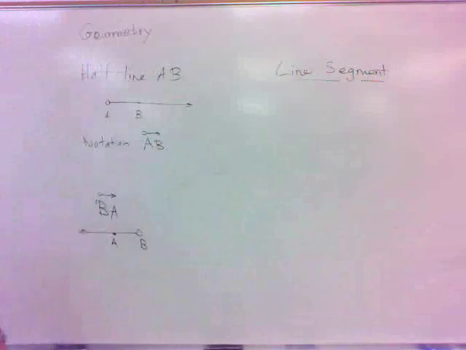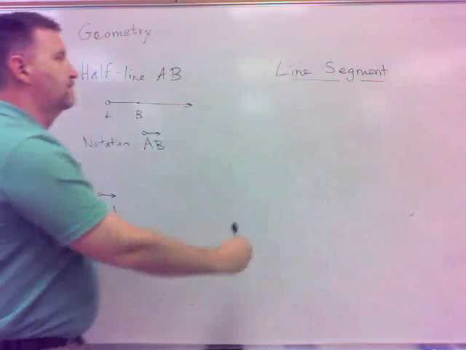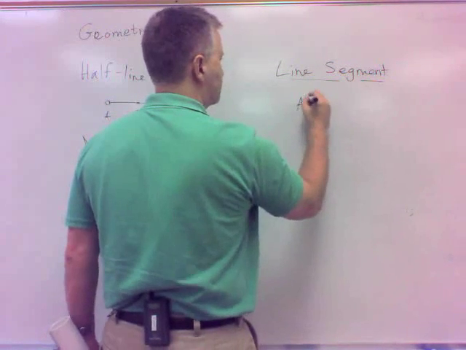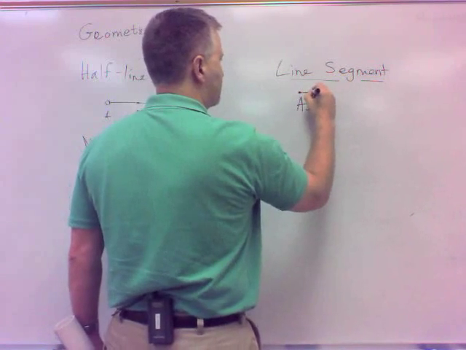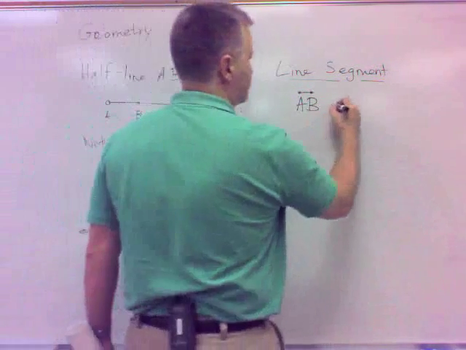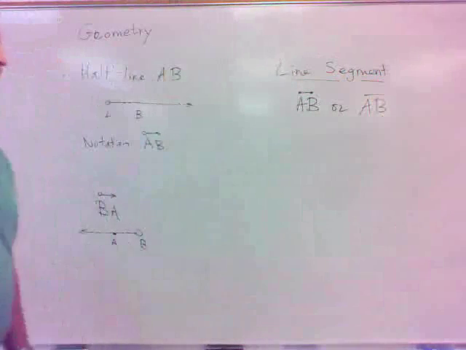Okay? Now, the other part of the number line is the line segment. And on the line segment, that's the one where it starts and stops. These start, but they don't stop. They just keep going one way. We see this notation here, or it could just be this instead.